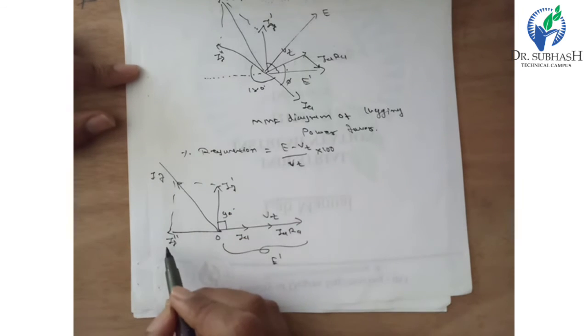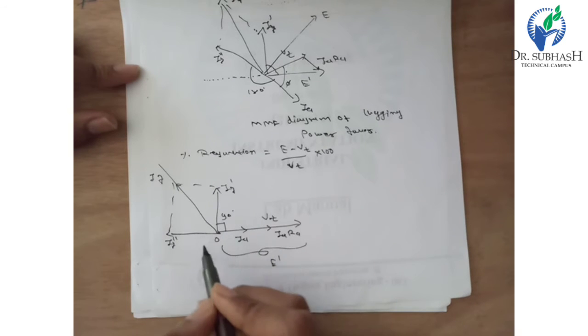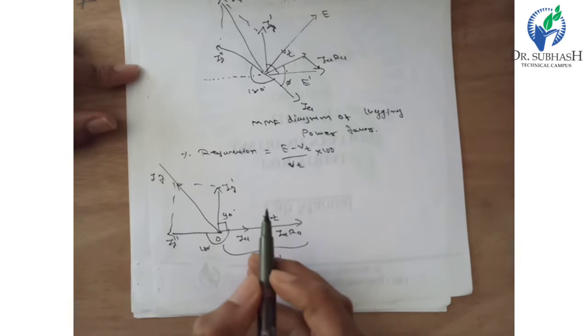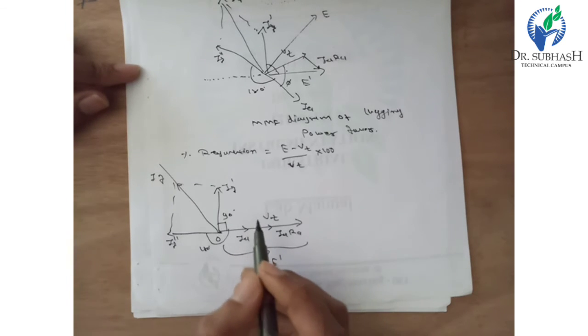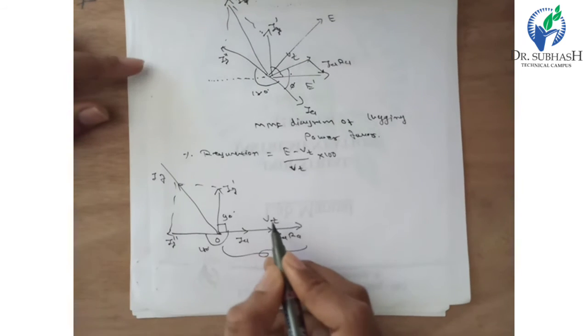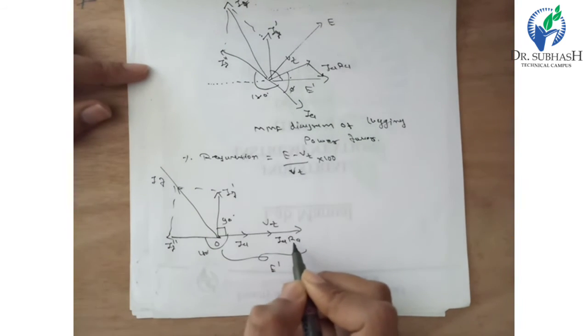The angle between IF double dash and the terminal voltage will be 180 degrees. So this is the unity power factor connection for the MMF method. Here Vt and the armature current are in phase.